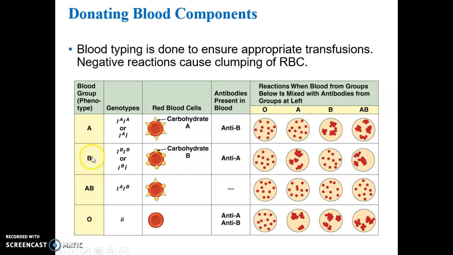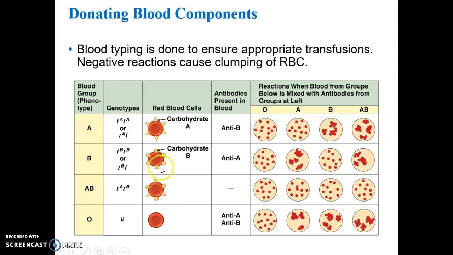But the red blood cells of a blood type B donor could donate to patient blood type A. Notice what happens. Blood type B red blood cells from a donor introduced to a patient blood type A.